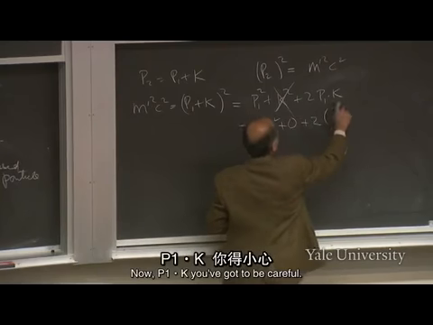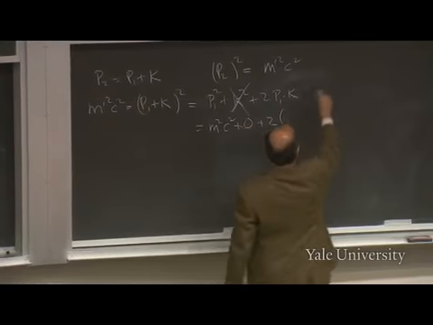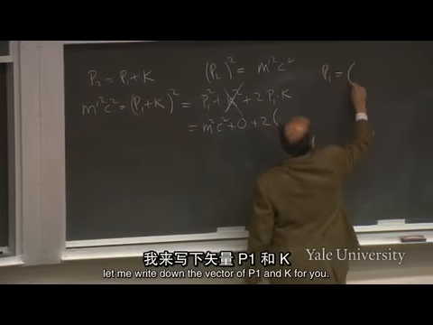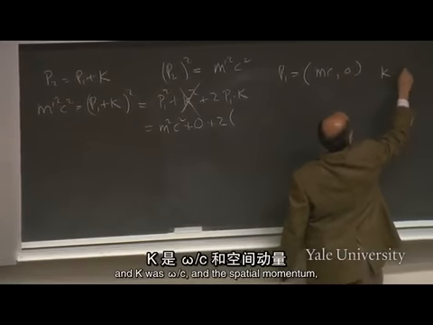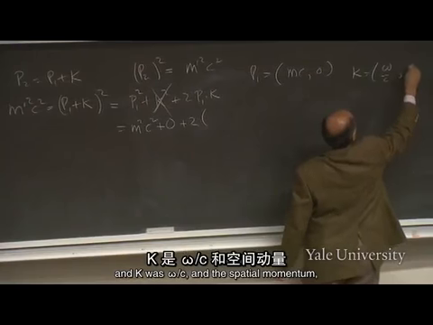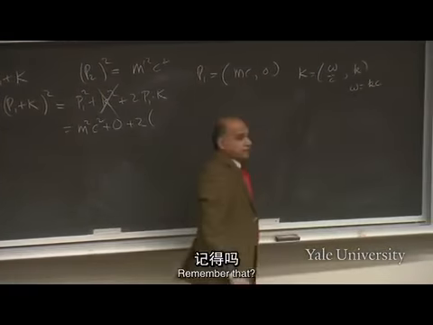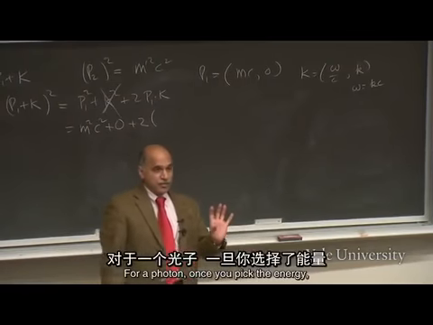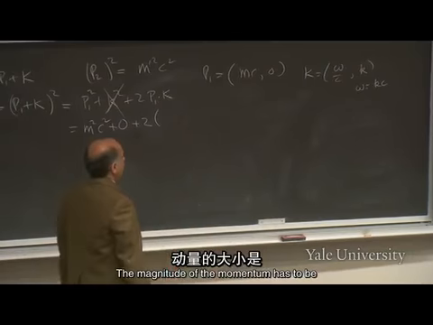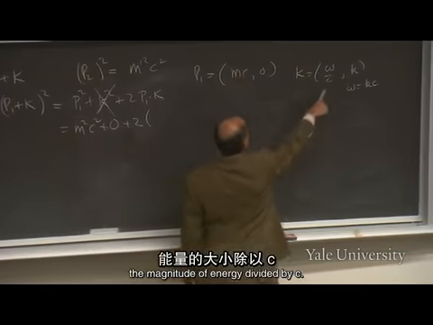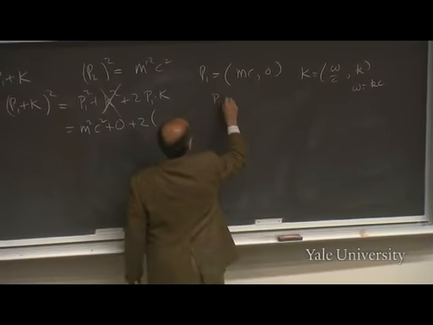Now, P1 dot k, you have to be careful. That dot product means, let me write down the vectors P1 and k for you. P1 was mc and 0, and k was omega over c and the spatial momentum, where omega was equal to kc. You have to remember that. For a photon, once you pick the energy, you have no choice with the momentum. The magnitude of momentum has to be the magnitude of energy divided by c. So let's do P1 dot k.